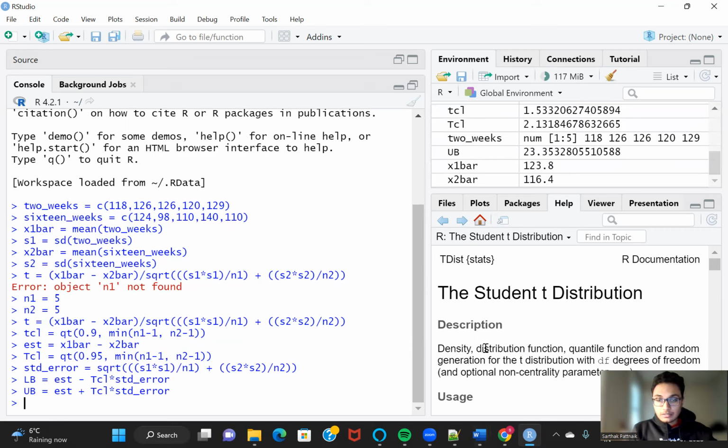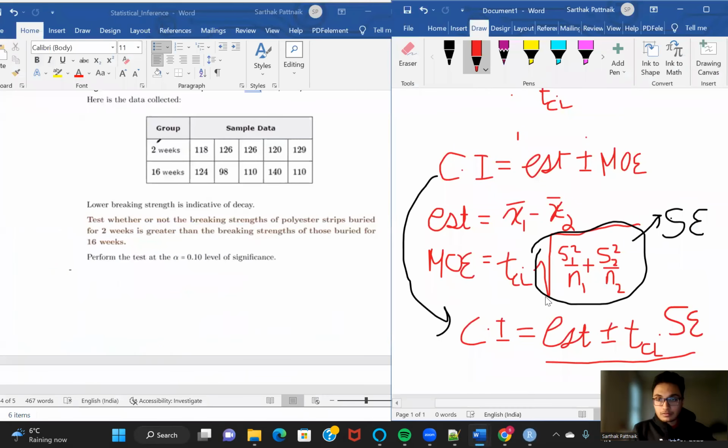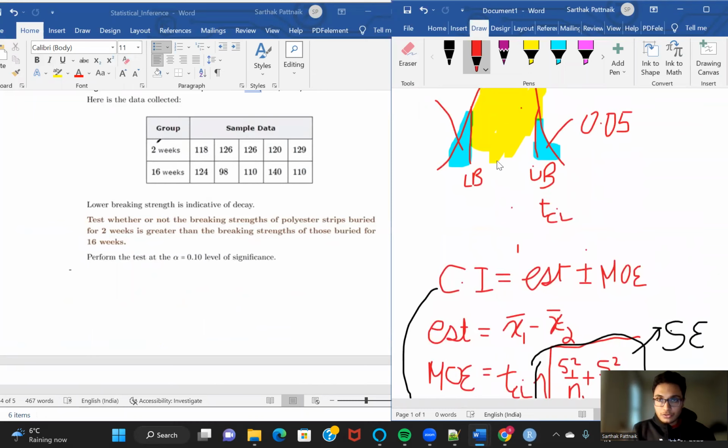So I can say that for this particular question, my confidence interval lies between two values, minus 8.56 to 23.35.